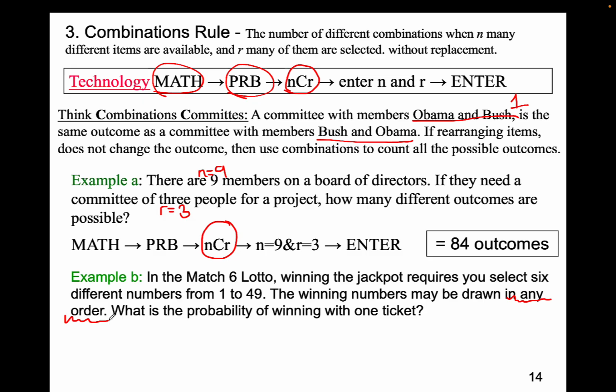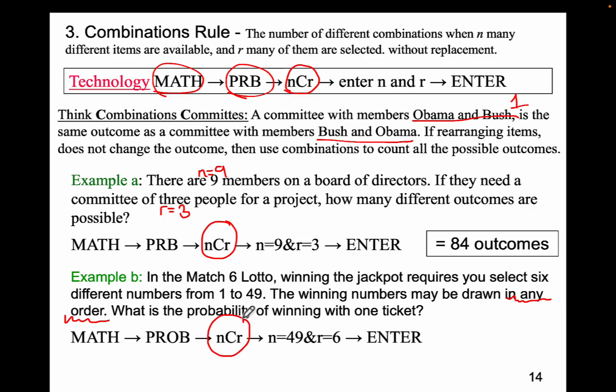Just no order. So that should identify for us here that we're being asked to count the number of combinations, not the number of permutations, because we can draw them in any order. Okay, run your NCR with N equals 49, because remember it's 1 through 49 to choose from, and R equals 6, because you have to pick 6 numbers to play.